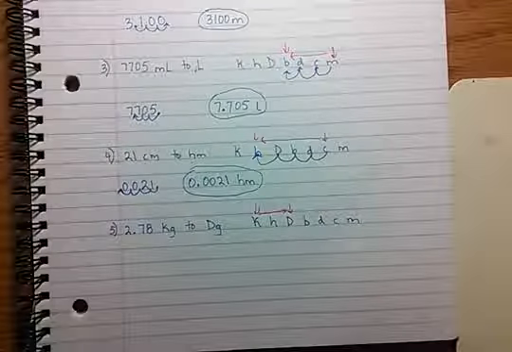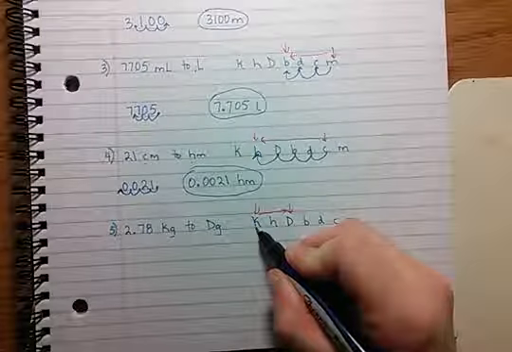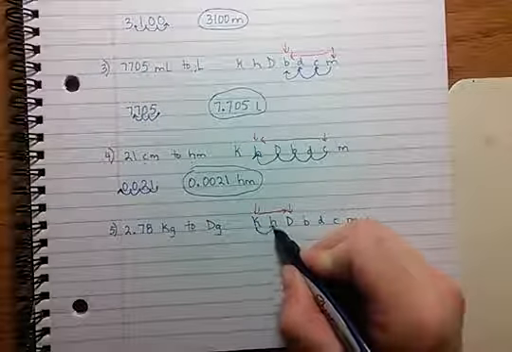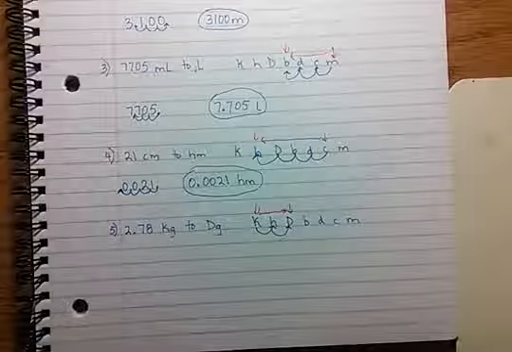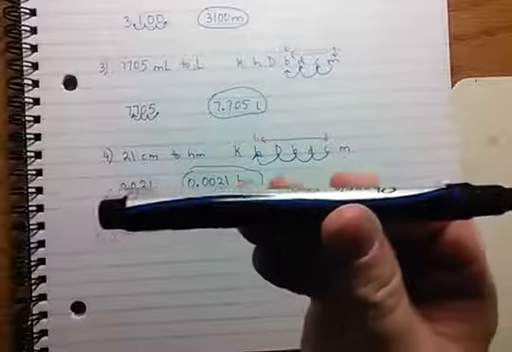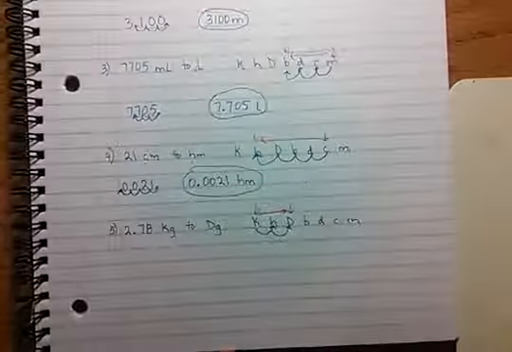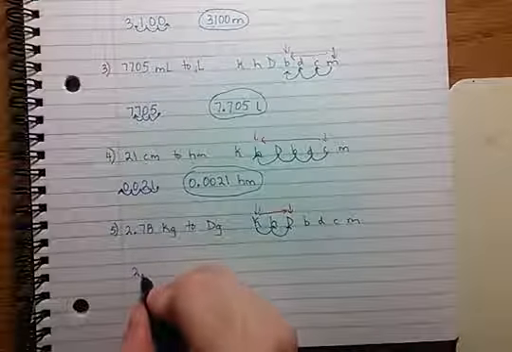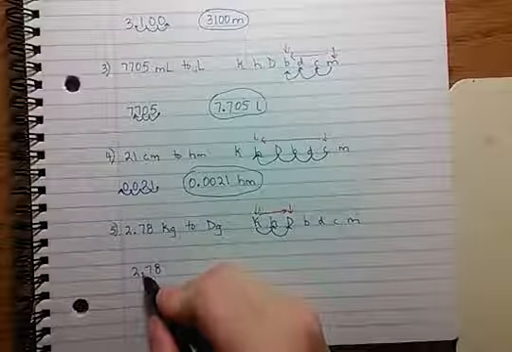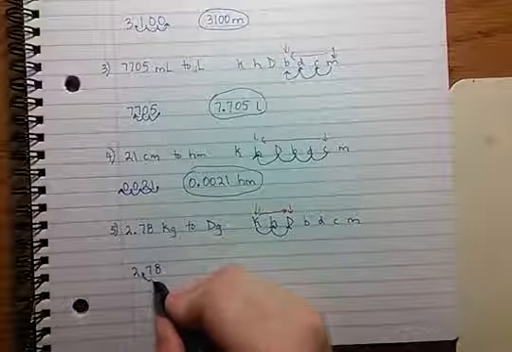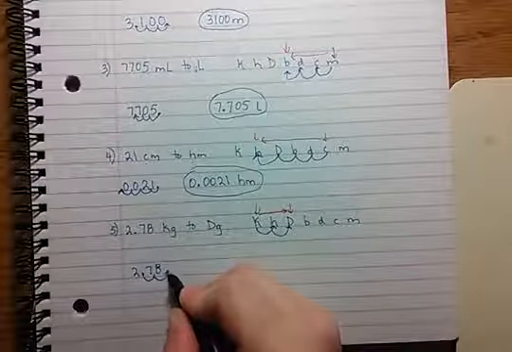And how many places is that? So we don't count the one we start on. So we go 1, 2. So we are going to end up moving the decimal 2 places that way. So 2.78, just rewriting the number. Decimal starts here, and we move it over 1, 2.